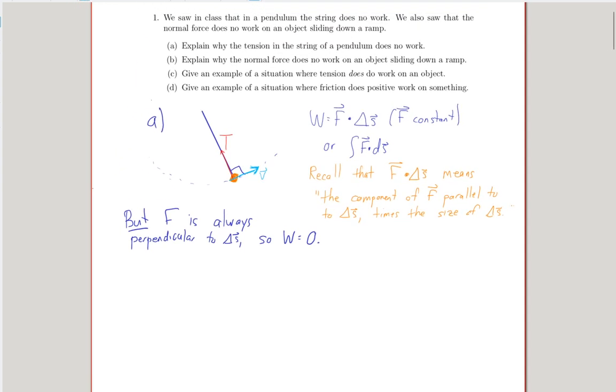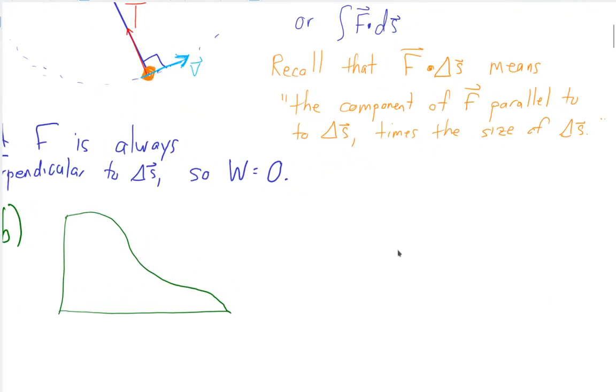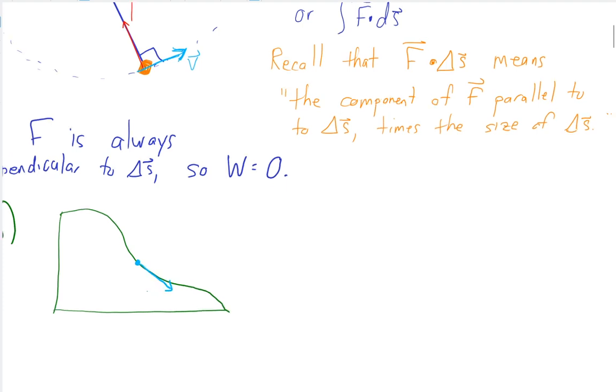All right. Part B says, explain why the normal force does no work on an object sliding down a ramp. This is exactly the same logic. Here's an object sliding down a ramp. We can make the ramp any shape we like. So here's some ramp. But at any given place on this ramp, we'll be moving this way.